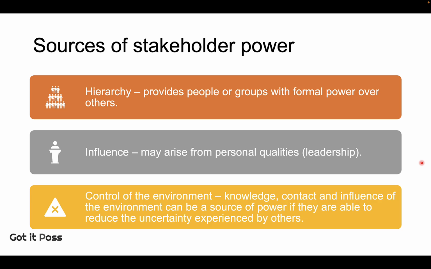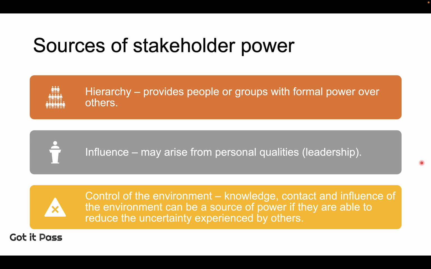And another source of stakeholder power comes from the control of the environment. Say knowledge, contact, and influence of the environment. These are sources of power if they are able to reduce the uncertainty experienced by others.